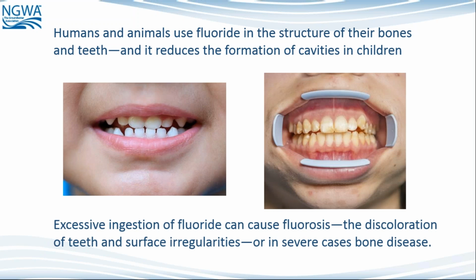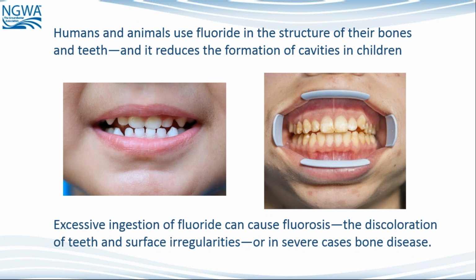And when we look at that, we're talking about when fluoride in our life, not only provided by our water source or our drinking water supply, but in other areas of our life, provides excess or excessive ingestion of fluoride, we can have issues which are called fluorosis.